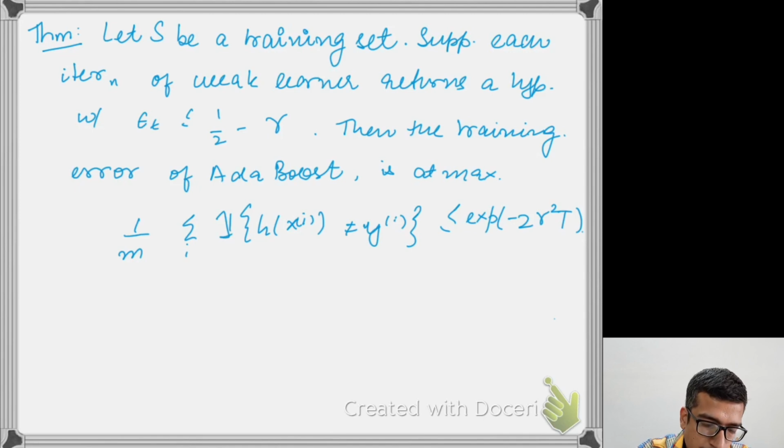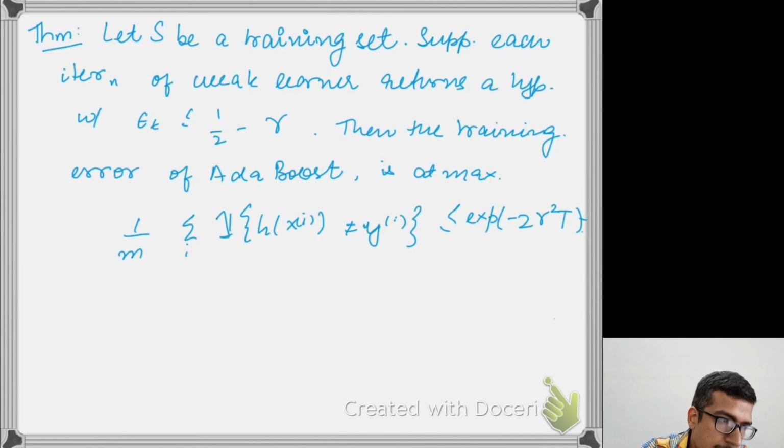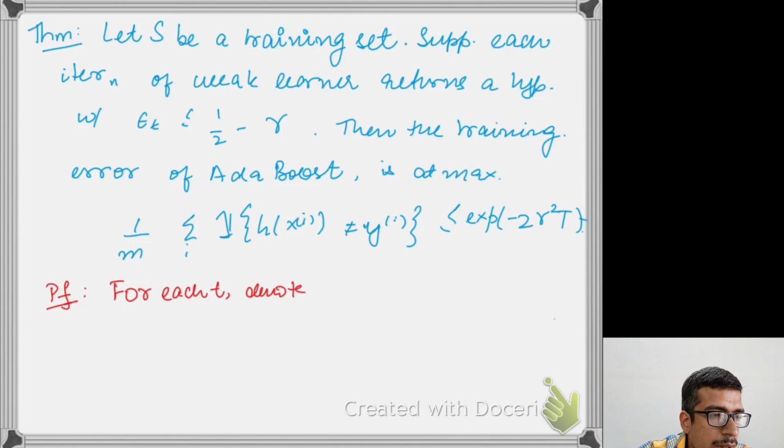So let's try to prove this theorem now. For each t, denote f_t as the sum over p from 1 to t of w_p h_p.